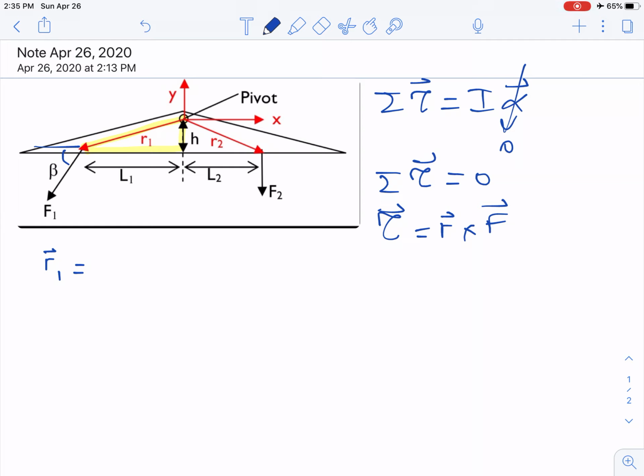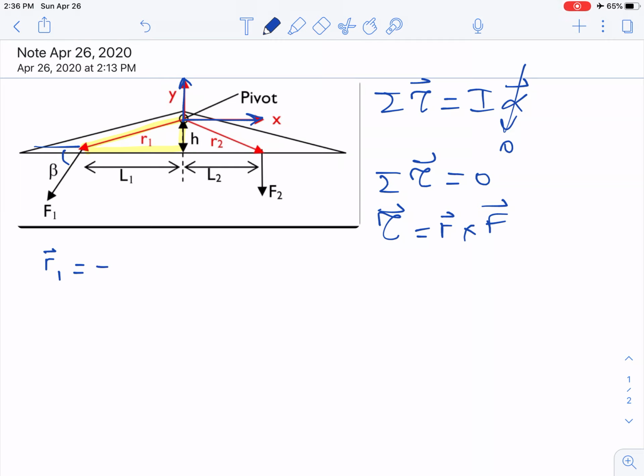You can see that this is the X direction, and this is the Y direction. So the pivot point is the origin. Below the x-axis is negative, and to the left of the y-axis is negative. That means both H and L1 are negative. So I'm writing the R1 vector in terms of those components.